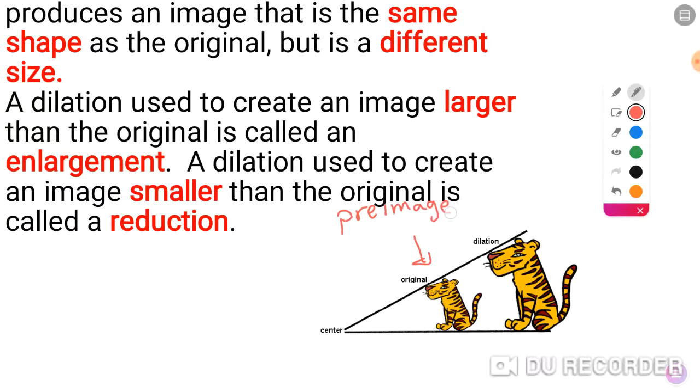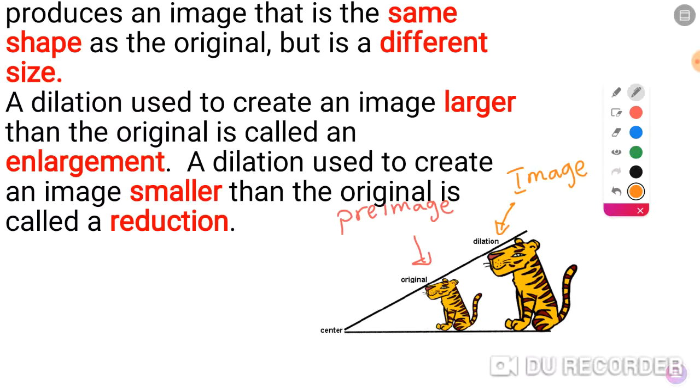It means the original shape that we have before we apply the dilation. And by dilation, this figure is generated, which is the image.